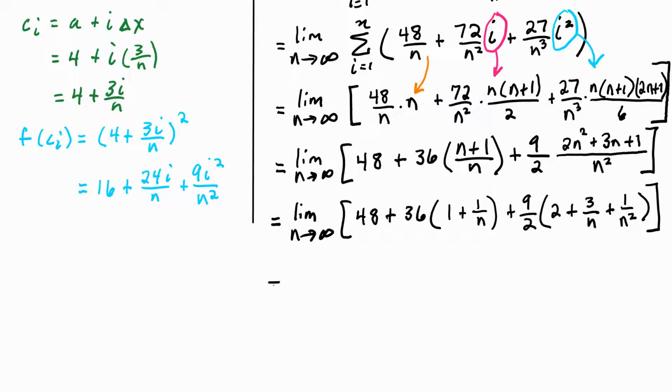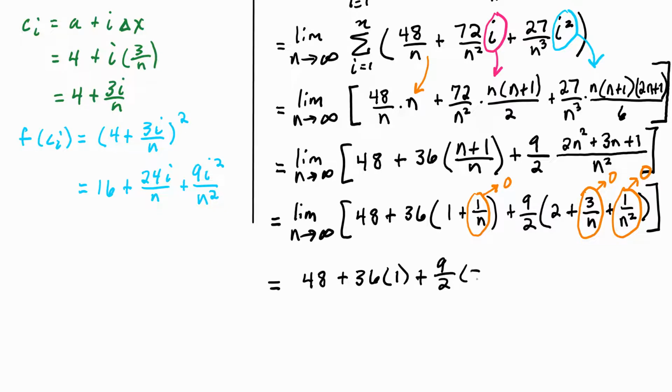Now we can go ahead and evaluate the limit. As n goes to infinity, that means 1 over n is going to go to 0, 3 over n is going to go to 0, and 1 over n squared is going to go to 0. So this becomes 48 plus 36 times 1 plus 9 halves times 2.